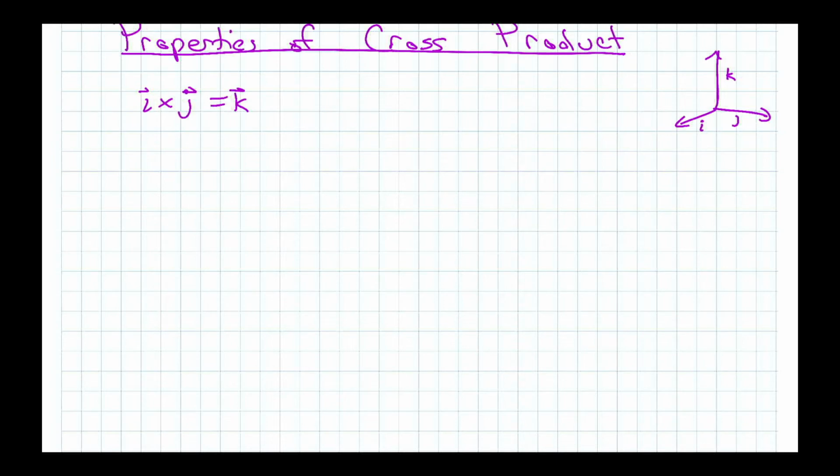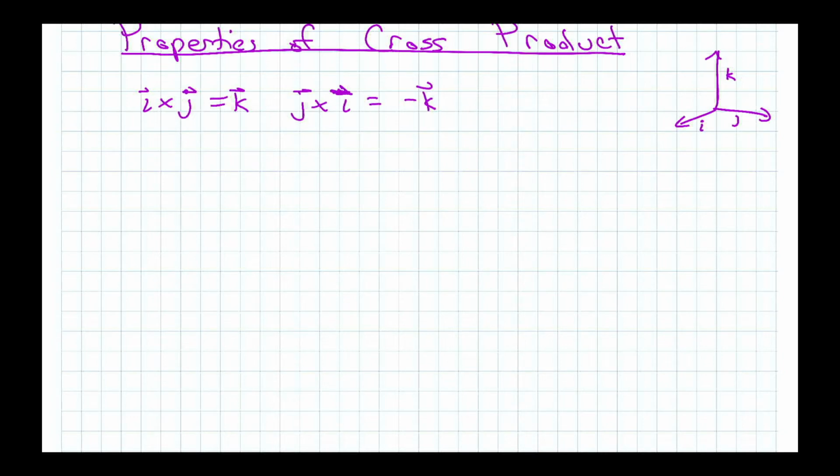Remember, I is 1, 0, 0, J is 0, 1, 0, and K is 0, 0, 1. So you can just remember this fact: I cross J is K. If you reverse that, J cross I is going to be upside down, so J cross I is negative K, the opposite.